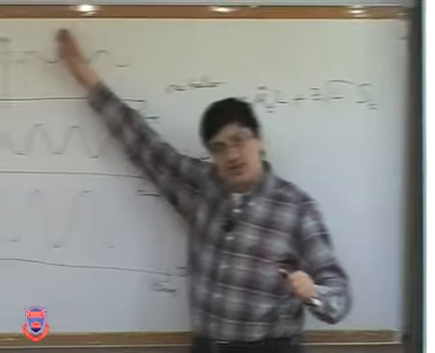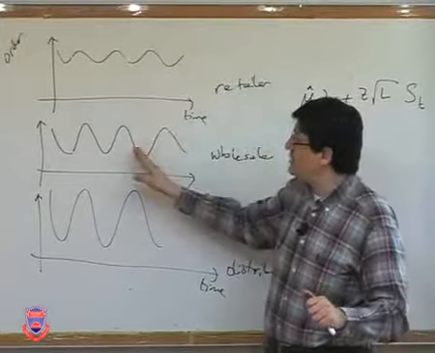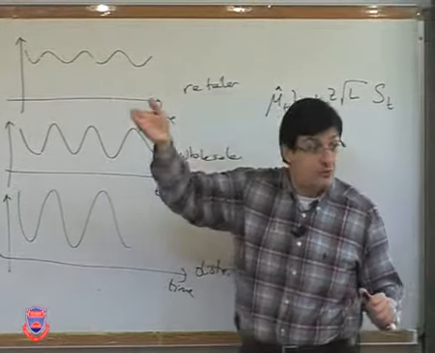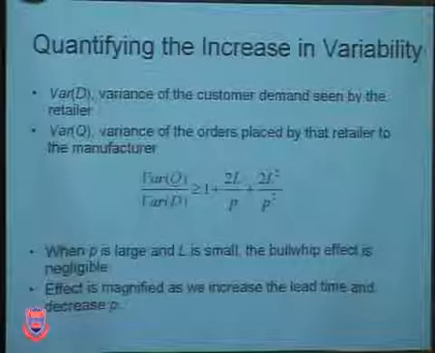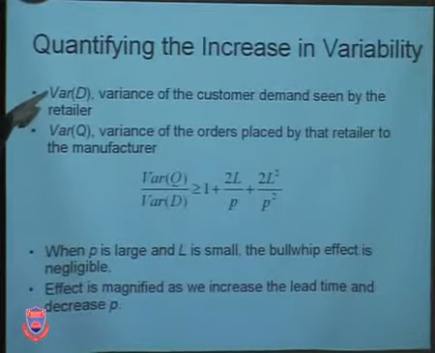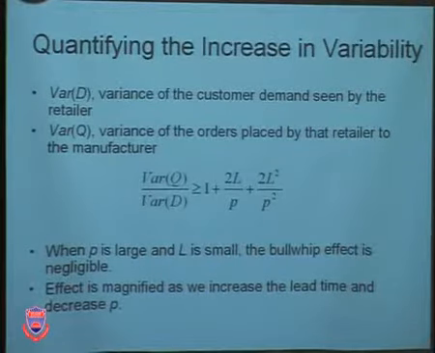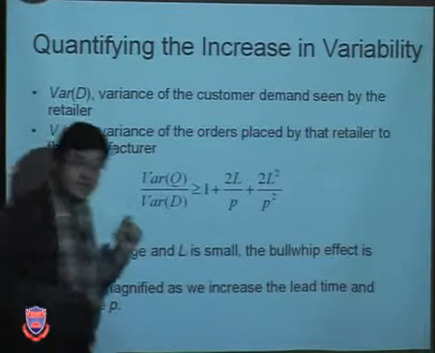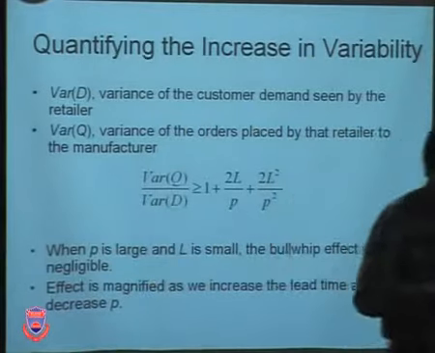We have a certain variance of the original demand, and then we have a certain variance of the orders which are given by the retailers. So variance T is the variance of the customer demand as observed by the retailer. Variance Q is the variance of orders placed by the retailer.